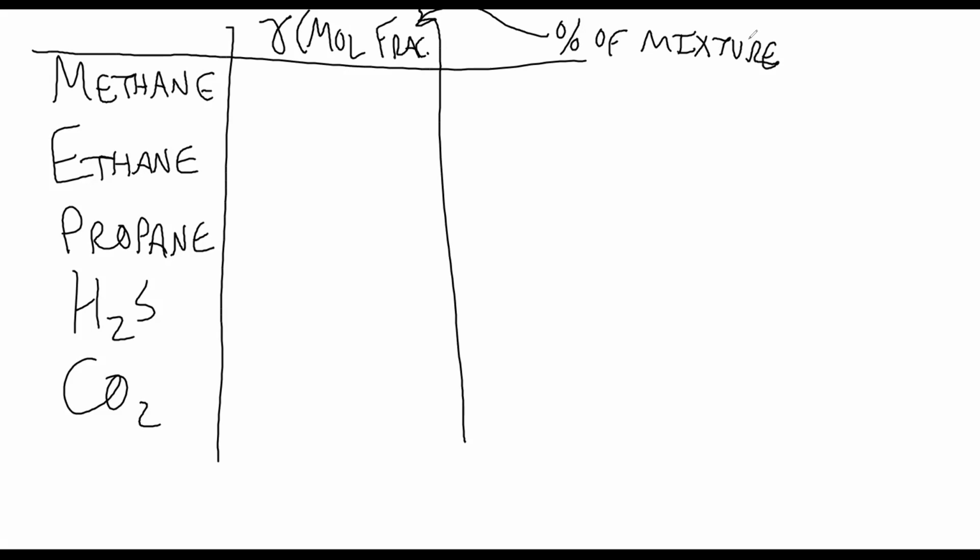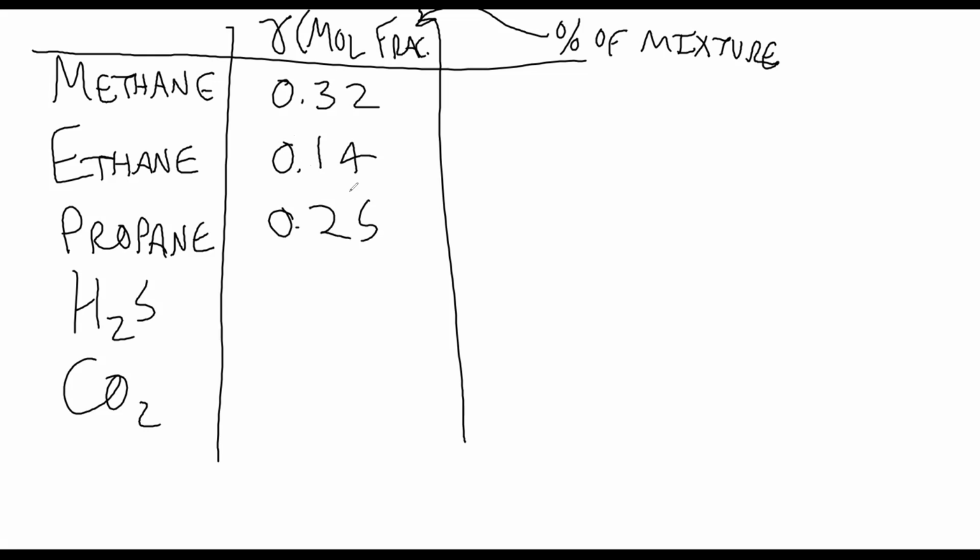Okay. So for methane, you can say that's like 32%. Ethane, I can say that's 14%. Propane, I can say that it's 25%. I'm just making these numbers up as I go along.